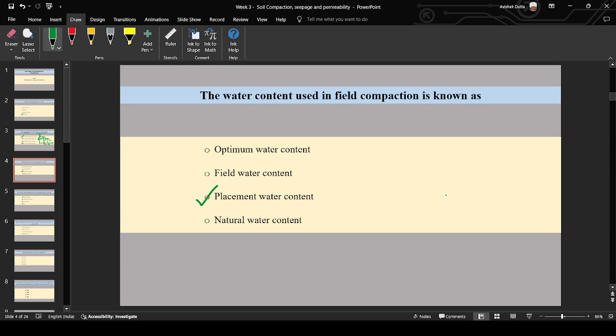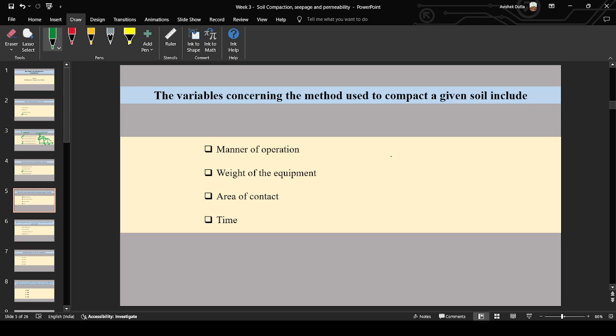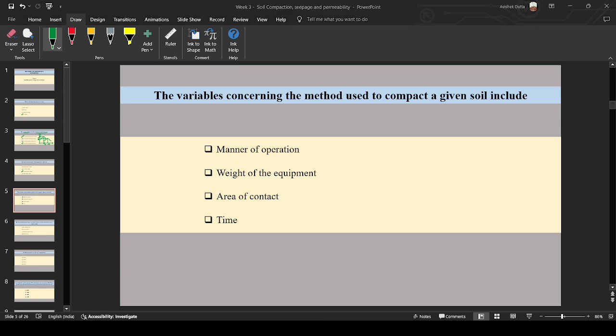Okay. Next question. The variables concerning the method used to compact a given soil include. Now, what are the variables that come into play? Someone gave an answer, A. Which question's answer is A?